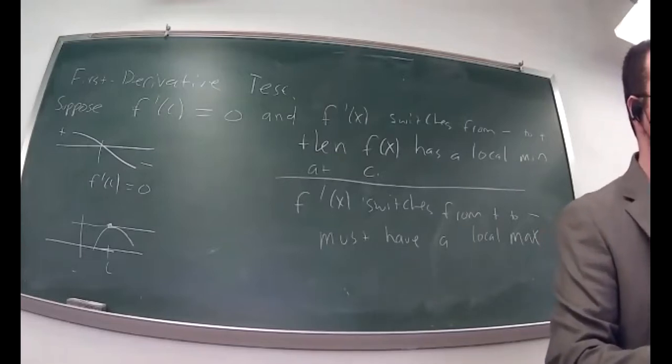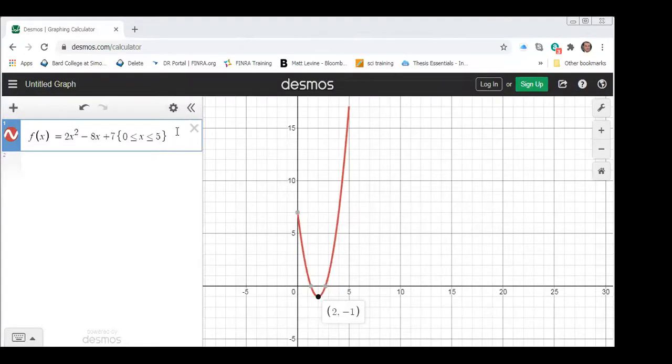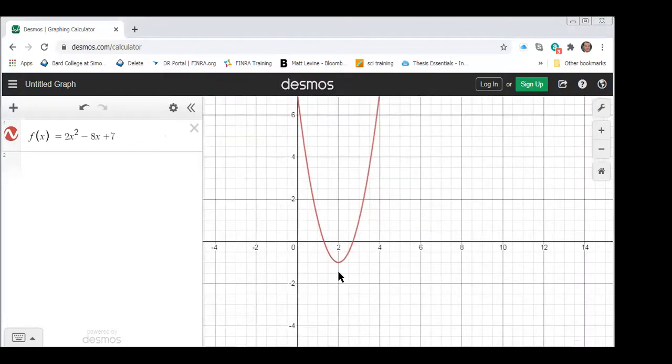So let's look at maybe a couple examples on Desmos. Let's go back to this quadratic. Its derivative was 4x minus 8.